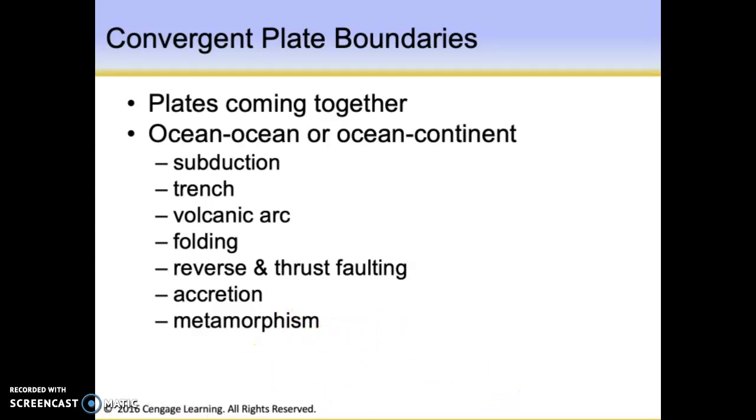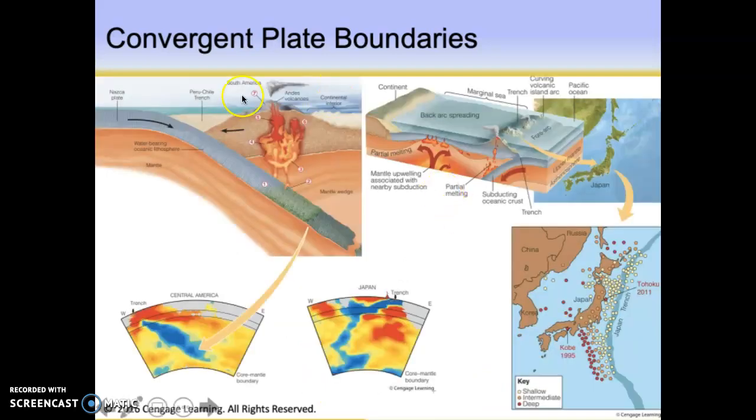Metamorphic rock forms under conditions of very high pressure and temperature. And you can imagine, looking at this picture, there's going to be very high pressure and temperature conditions here at the subduction zone. So in addition to these rocks getting folded and faulted and accreted, the heat and pressure is going to cause them to alter as well.